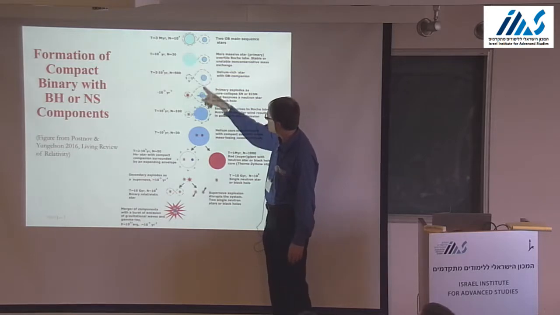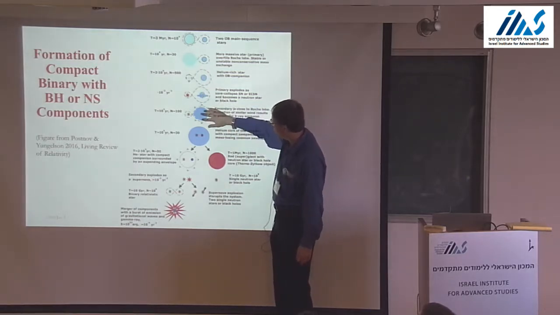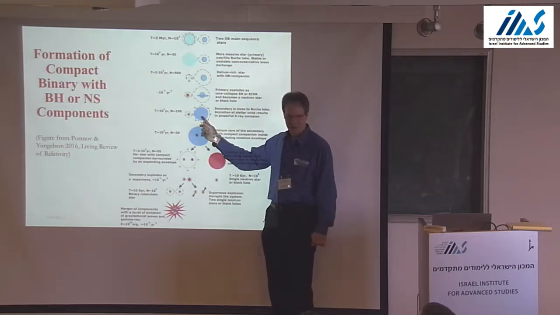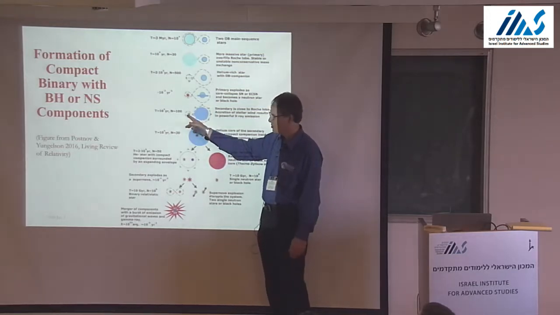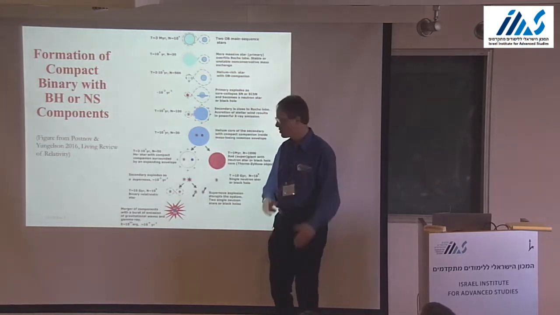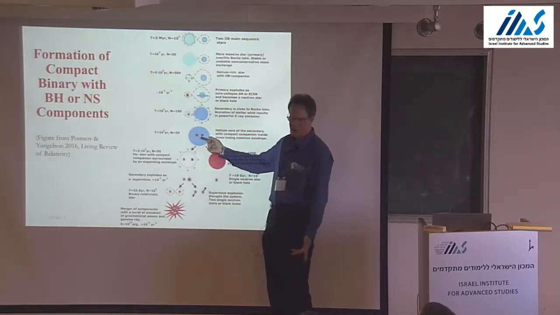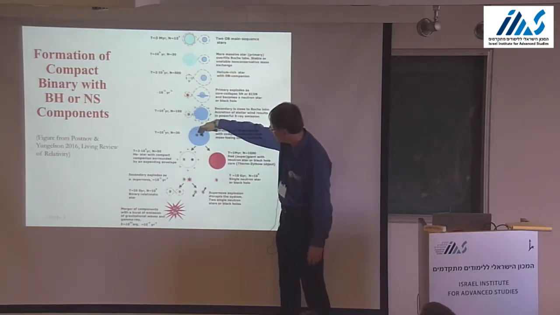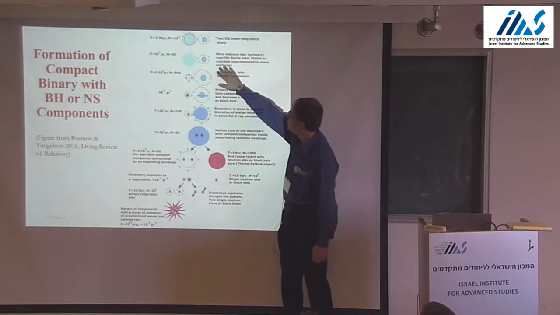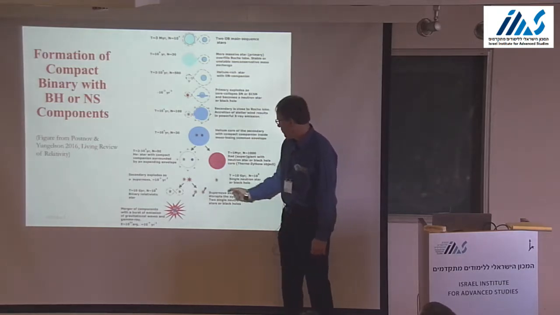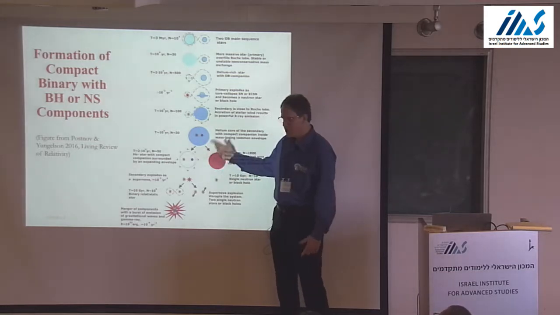Then this more massive star begins to evolve, swells up, and fills its Roche lobe. Now you have this very massive object accreting onto a significantly less massive object that's dynamically unstable, as we saw in the common envelope lecture. So we get a common envelope. The compact object gets buried in the envelope of the initially less massive and now more massive star. And then basically there are two possibilities that we discussed.